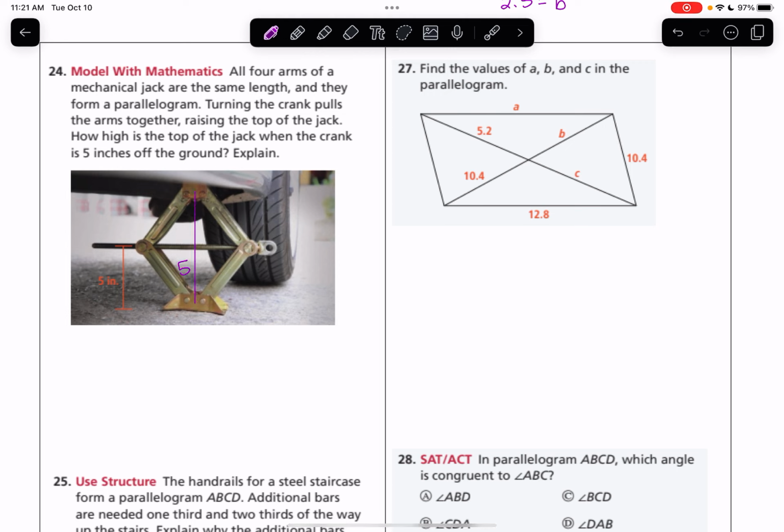So if this space is 5, then the top space is 5 as well. So we can say 10 inches because the diagonals bisect one another.